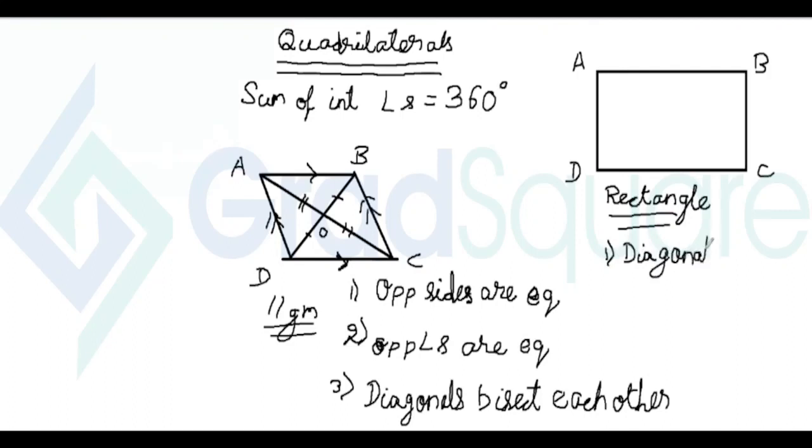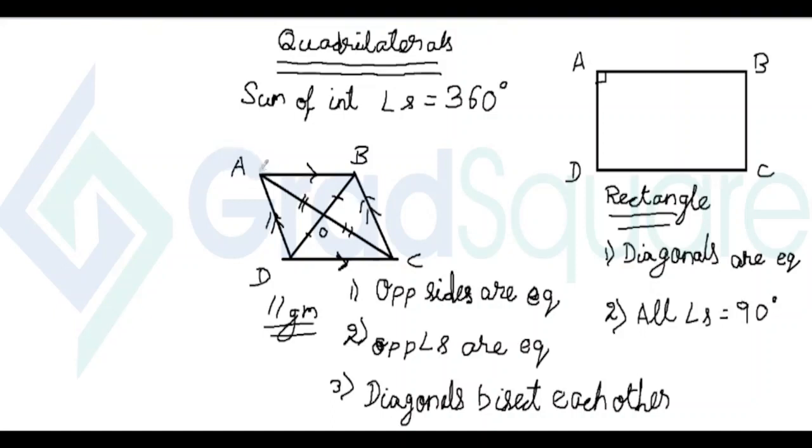Okay. So that's a property of a rectangle. Diagonals are equal in length. And the second property of all rectangles is that, of course, we all know that all the angles are equal as well. So all angles are equal to 90 degrees. Right. So this is the second property of all rectangles.